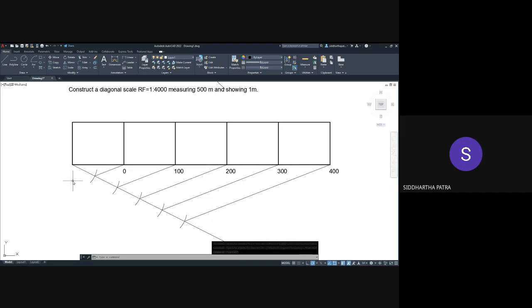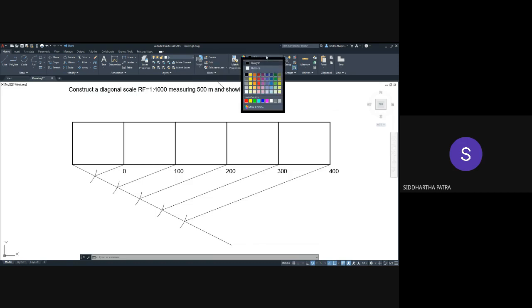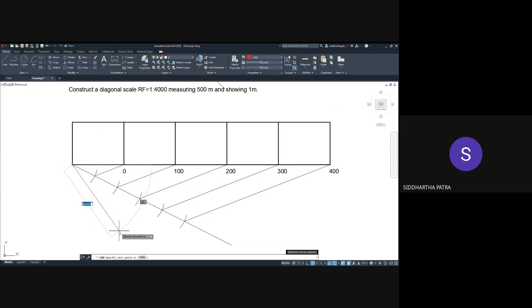So what I can do now is again divide the segment on the left into 10 parts. 2, 3, 4, 5, 6, 7, 8, 9, and that's sufficient.